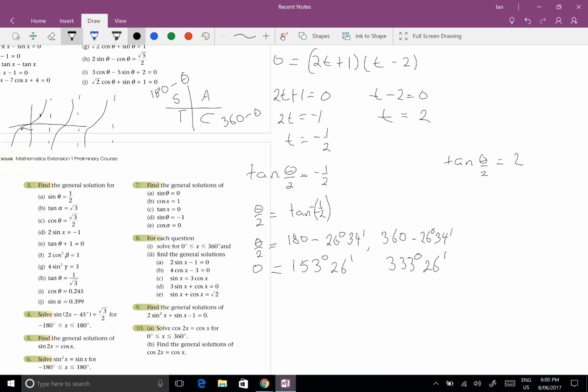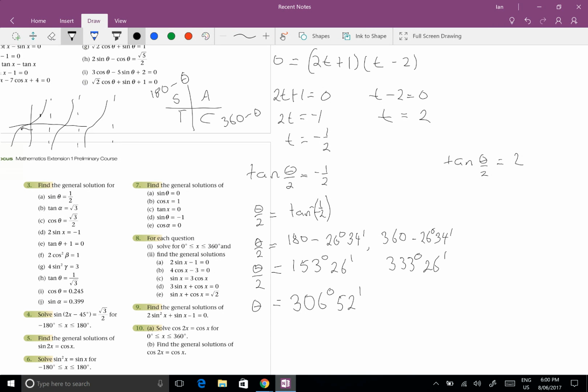But hold on. That's theta on 2. So I have to multiply both these answers by 2. So if I multiply the first one, 153 degrees, 26 minutes, times that by 2, I get 306 degrees and 52 minutes.